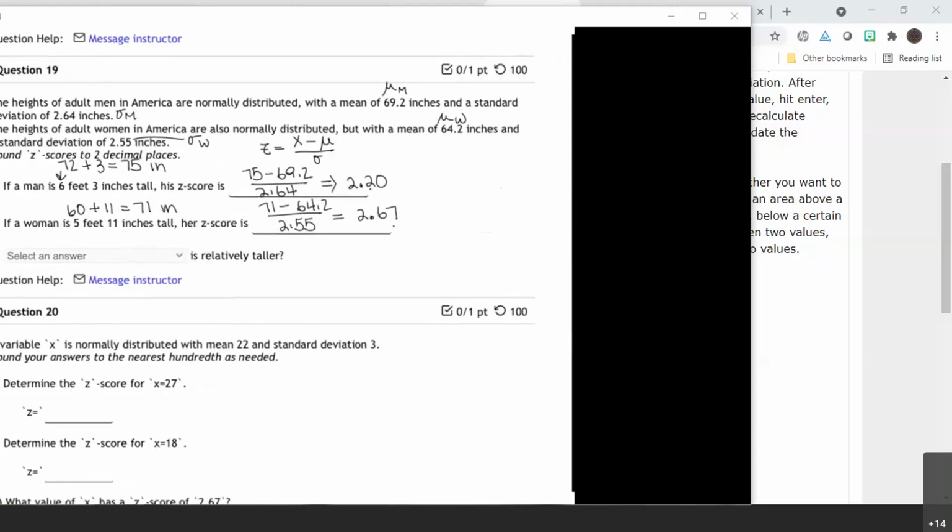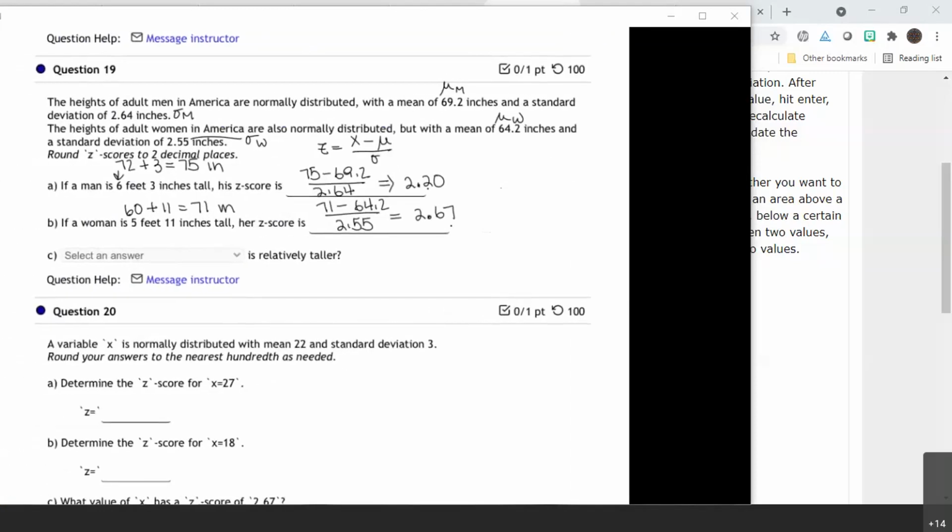Now they ask which one of them is relatively taller, relative to the rest of their distribution. What they're actually asking is, yes, they're both tall people, but is he exceptionally tall for a man or is she exceptionally tall for a woman?